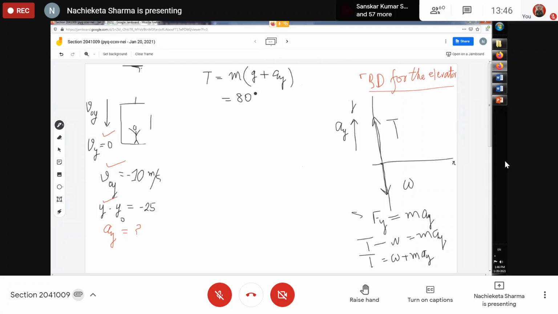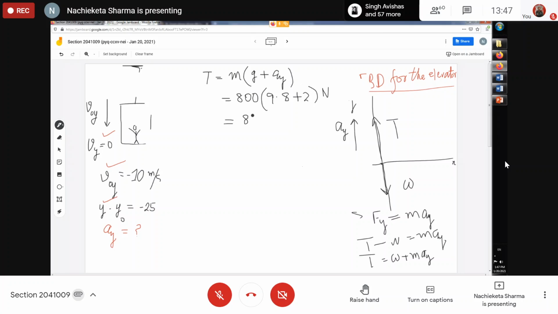Mass is 800, g is 9.8 meter per second square, and you have found out your ay to be 2 meter per second square. Because the tension is a force, it will be in Newton, so I have written Newton. So 9.8 plus 2 is 11.8.